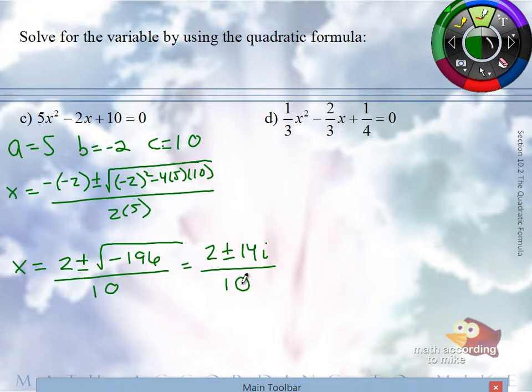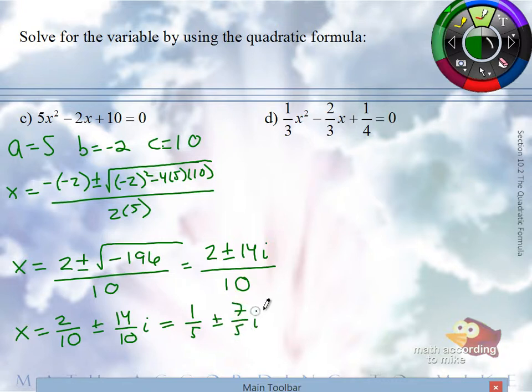The rule is fake it till you make it. Break it apart. That gives you 1/5 plus or minus 14/10, 7/5, i.